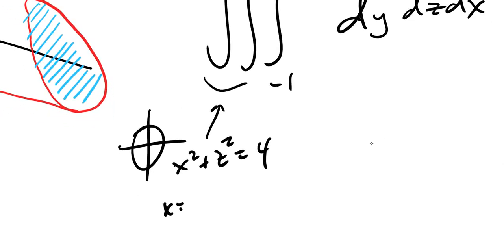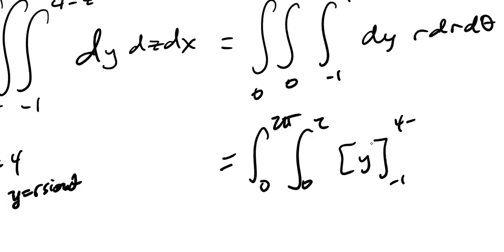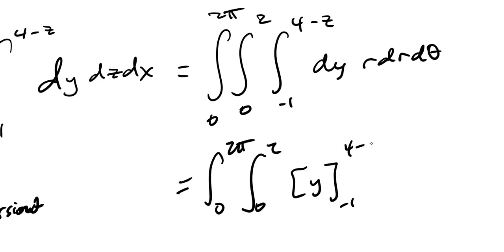Remember, we have x equals r cosine theta, and y equals r sine theta. So z in this case will be 4 minus r sine theta. So it's 4 minus r sine theta.